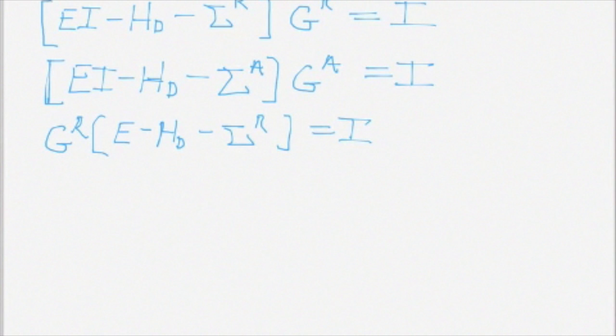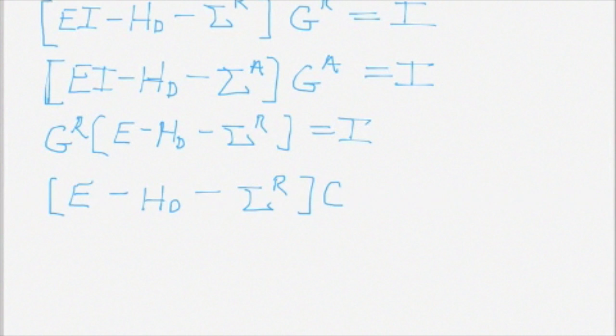The equation of motion for Gn and Gp is now, I'm going to quit writing the identity, it's implied: E times the identity minus H_D minus sigma R acting on G_n is equal to sigma n.